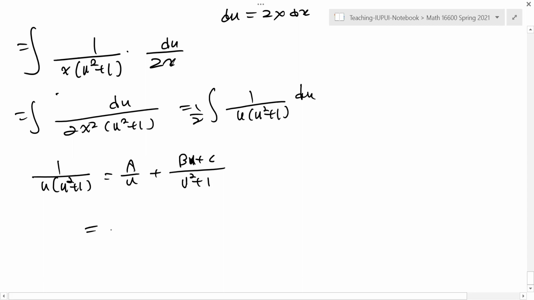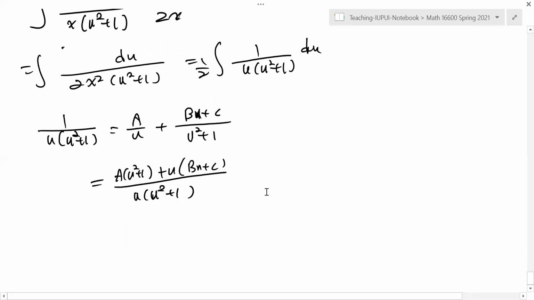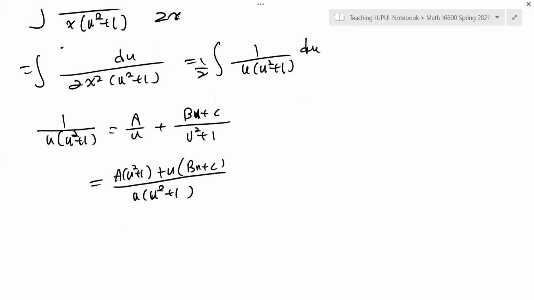So let's determine the coefficients. Right, be patient. Plus u times Bu plus C, okay? And then you compare the coefficients.